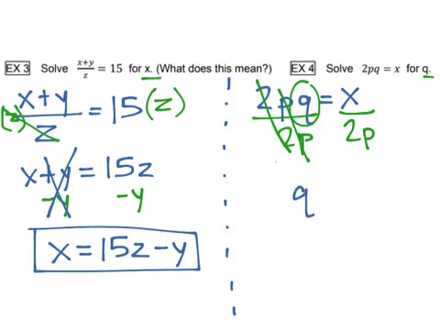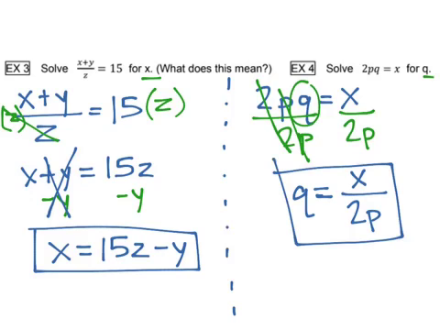So we have q equals x over 2p. And from there, that's all we can do. There's no other simplifying that we can do on the left or the right. We could solve for another variable if we want. So we did solve for q though, so we can be done with that one.